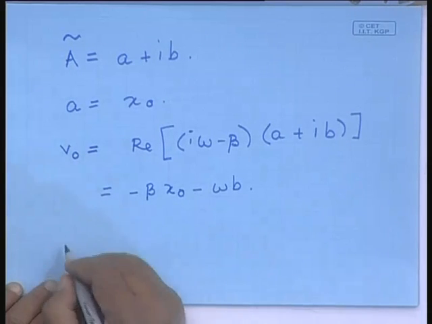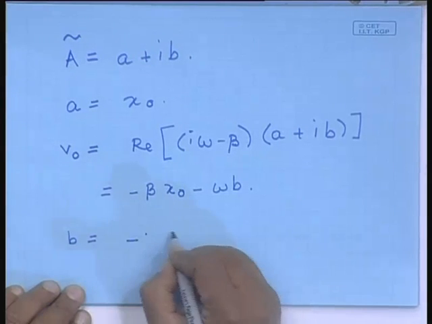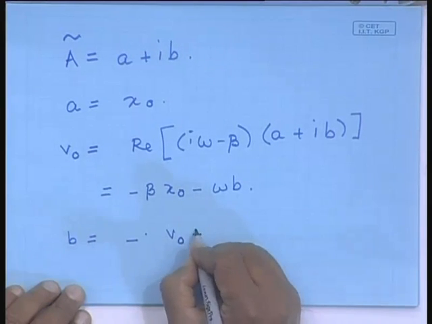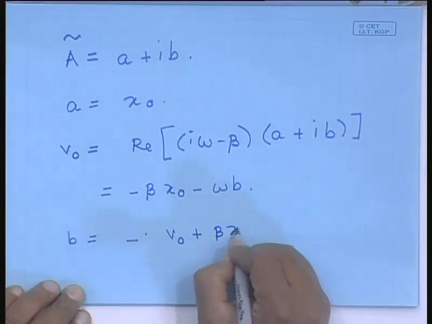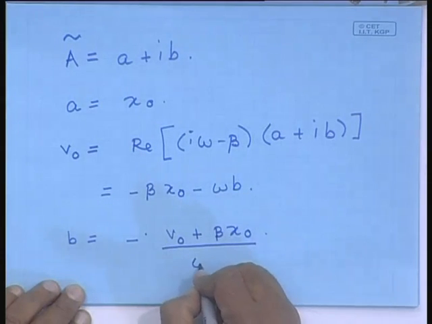So, what we get is B is equal to minus (v naught plus beta x naught) by omega.